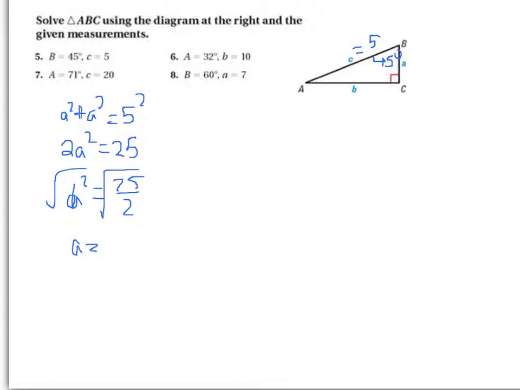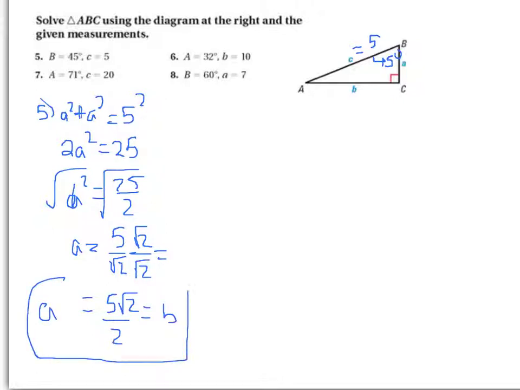You get A equals 5 divided by the square root of 2, but you got to simplify that. So you get 5 root 2 over 2. That's for A and for B. Okay?